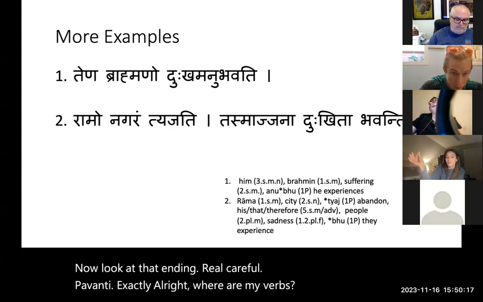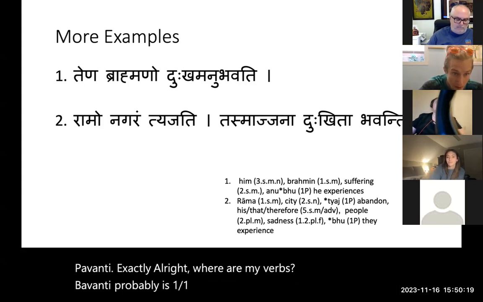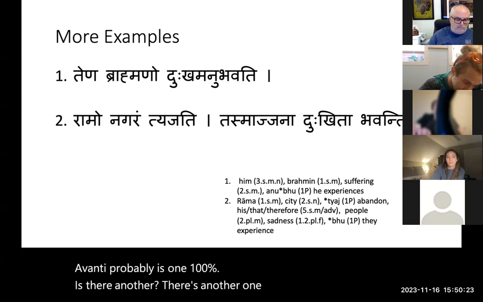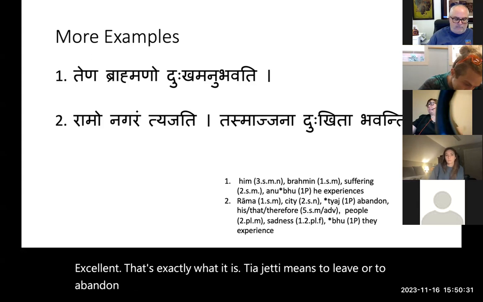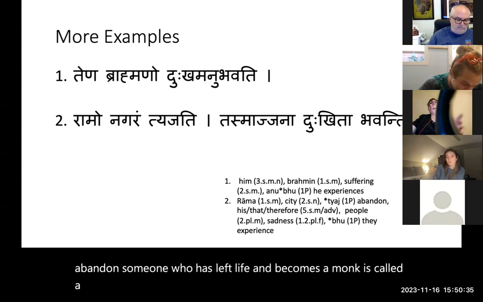Bhavanti is one. 100%. Is there another? Yep, there's another one. Tyajati. Excellent. Tyajati means to leave or to abandon. Someone who has left life and becomes a monk is called a tyagi, one who has abandoned.